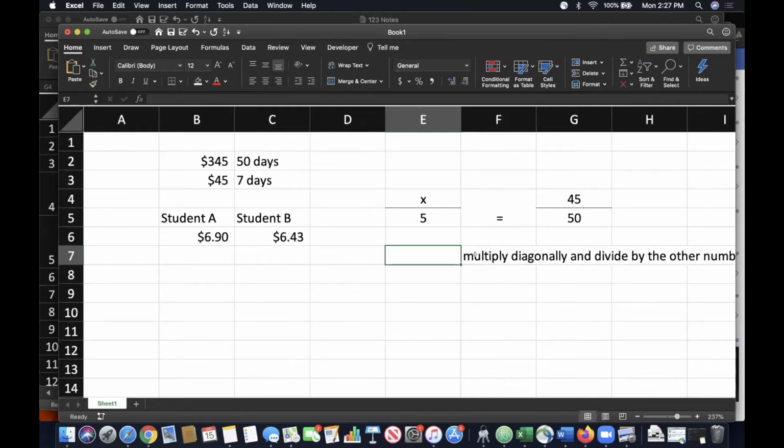And when I say multiply diagonally, I mean multiply the two numbers that are actually numbers. So I'm not talking about the x and the 50 because you don't know what x is, but you can do 5 times 45 and then you can divide it by 50. Go ahead and do that, and let's hear back about what your answer is.